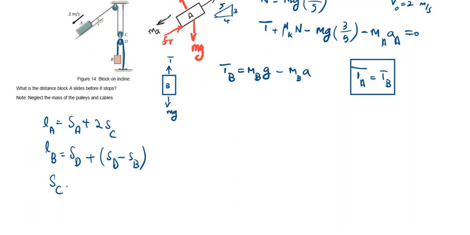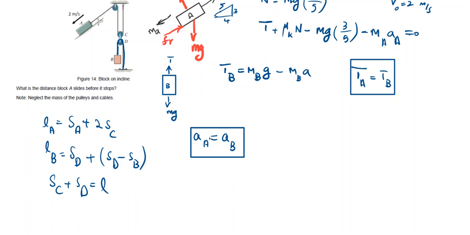So you know s_C plus s_D is the whole length. And we know that the acceleration at A must be equal to the acceleration at B. These are things we can easily find by visualizing.